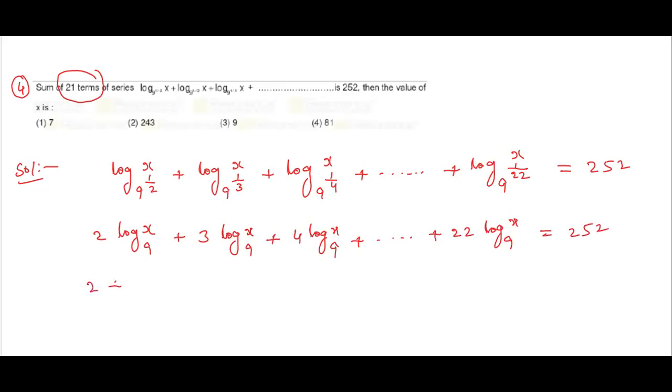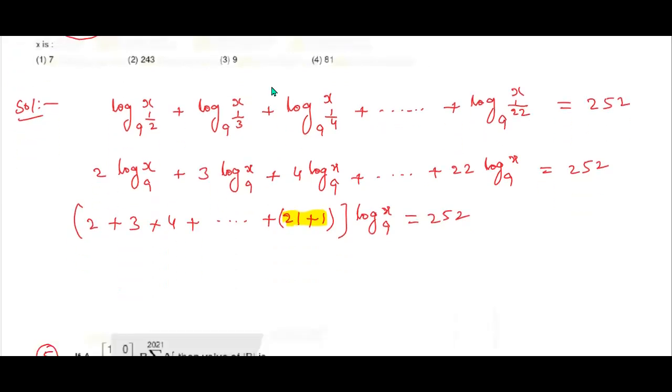Now write here 2, 3, 4, 5. The last number is 22. Here 1 is missing. Now observe the total numbers, sum of 21 natural numbers.